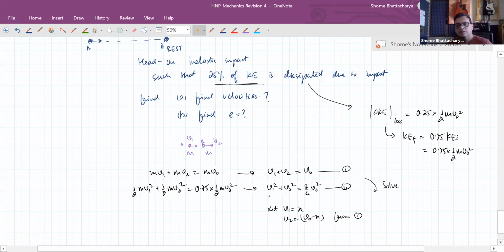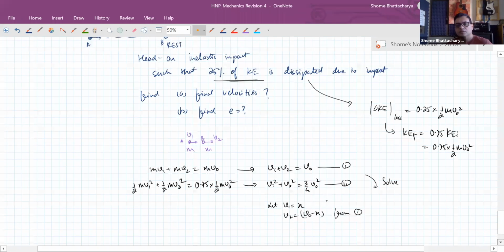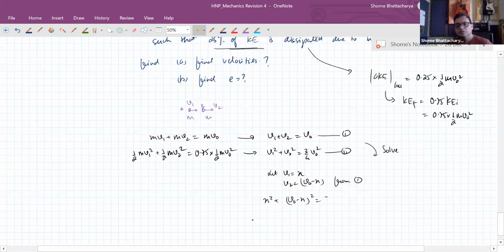So you have X square plus (V0 minus X) whole square is 3 by 4 V0 square. So you get this quadratic equation: 2X square minus 2 V0 X plus V0 square minus 3 by 4 V0 square, so 1 by 4 V0 square, is 0.